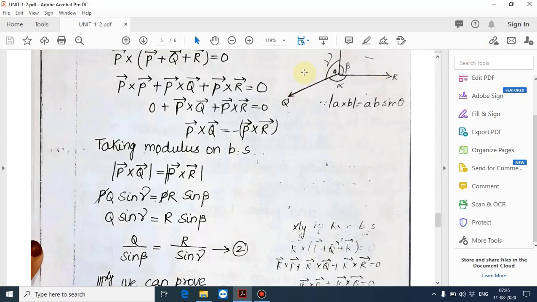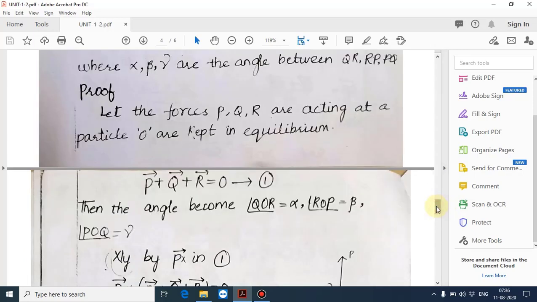You see the diagram, you can understand. Understand, girls?